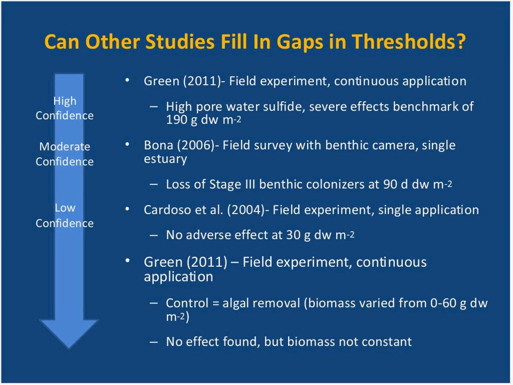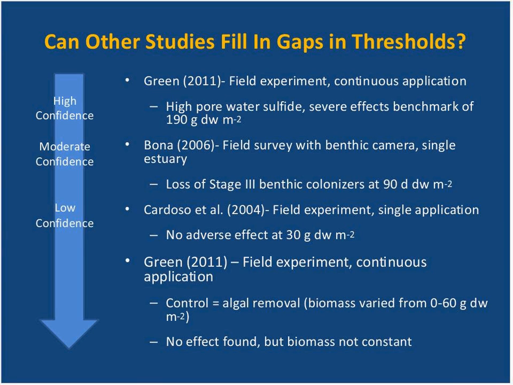And then Lauri Green's field experiment. She had a 60-gram dry per meter squared treatment, but essentially what that constituted was originally supposed to be a control, and she was removing algae at each weekly interval that she was maintaining these things.